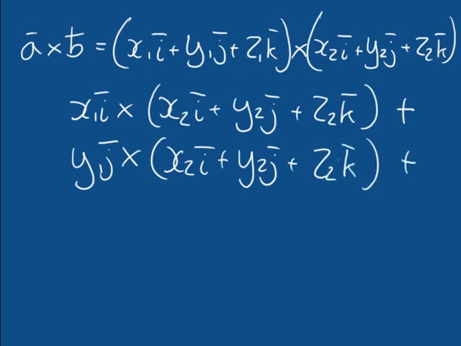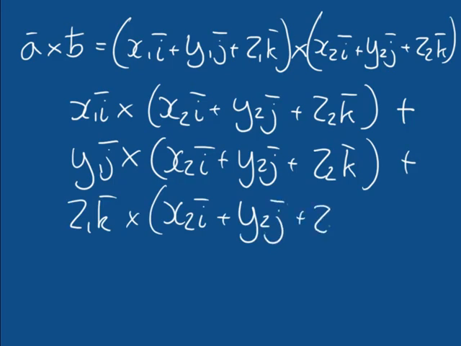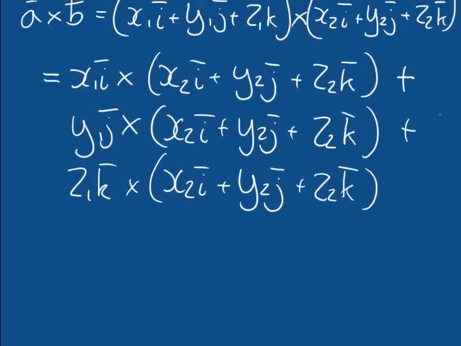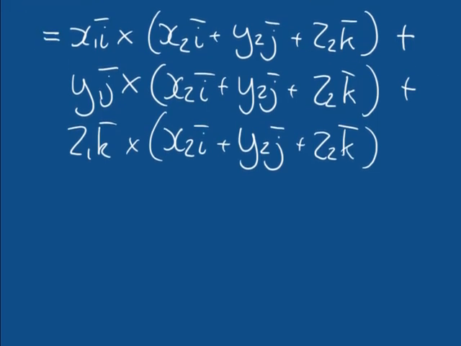And we're going to add to that z1k crossed with x2i plus y2j plus z2k. We can then continue on and expand this further.